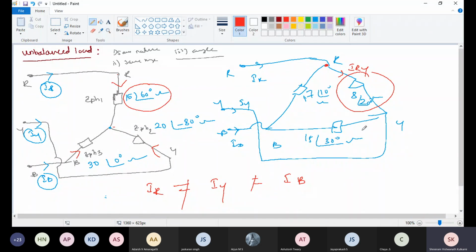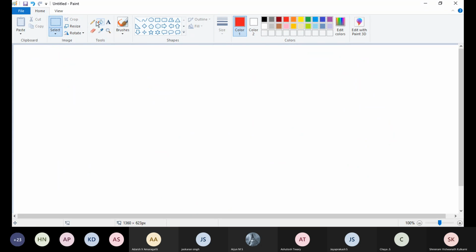Now I can write the equation for this. Just remember this circuit. Depending upon this only, I'm going to write some equations. Otherwise I'll draw a circuit for the equation references.